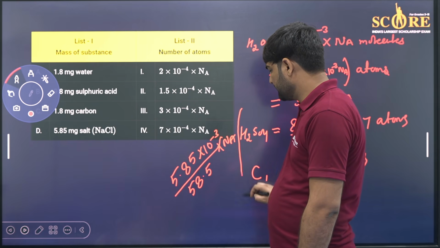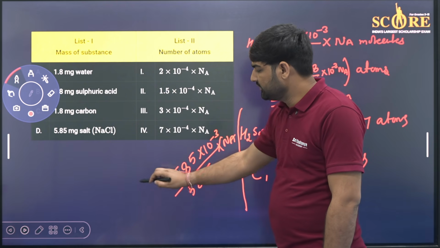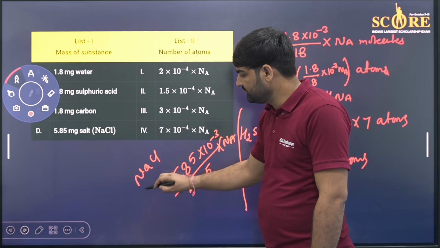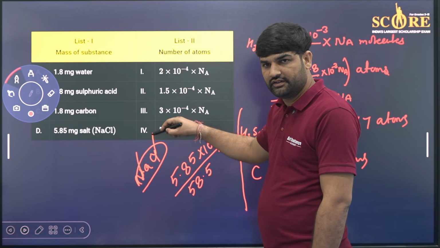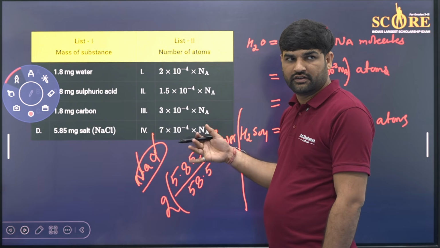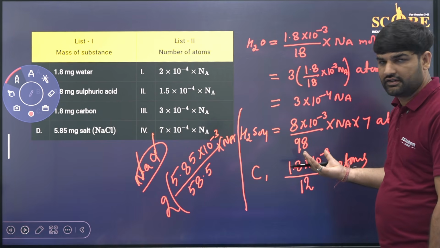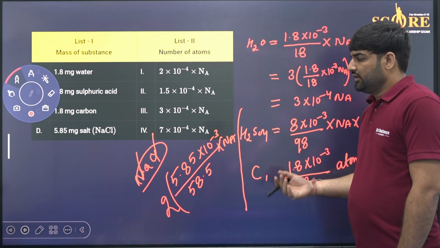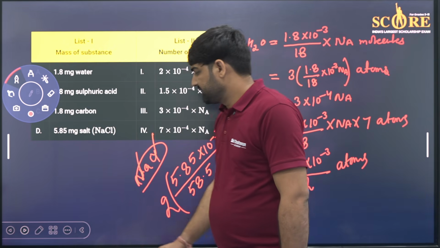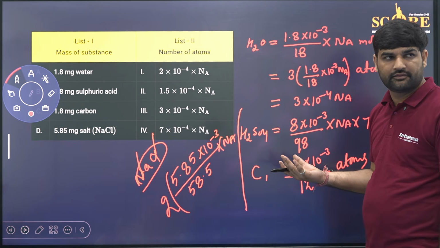If we are talking this, then this will be molecules of NaCl, and one molecule of NaCl contains two particles, one sodium and one Cl. Then we can say these are the number of atoms in NaCl. So we can match by solving these.